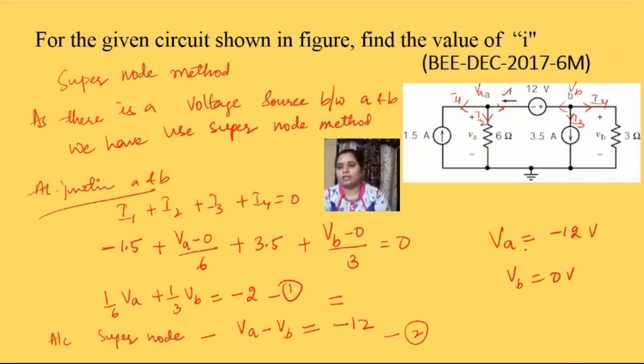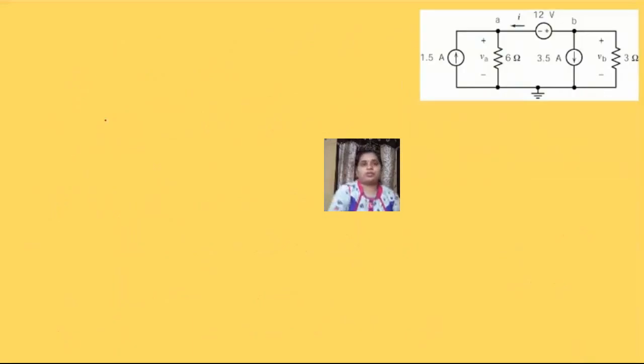So VA is minus 12 volts and VB is 0 volts. Here we have to observe a few things for the given circuit. As VB is 0 volts, this point is now connected to ground.